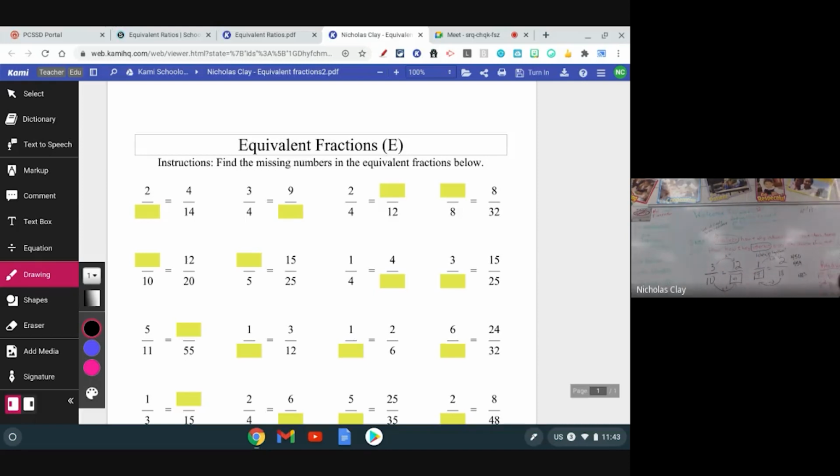So I got 2 over blank is equal or equivalent to 4 over 14. So Karen, how do I get from 2 to 4? Multiply by what? 2. So if I multiply by 2 and I want to go back the other way, I'm going to divide 14 by what?